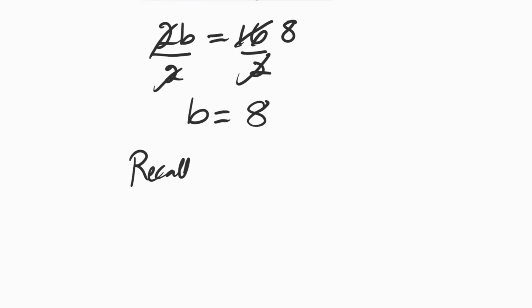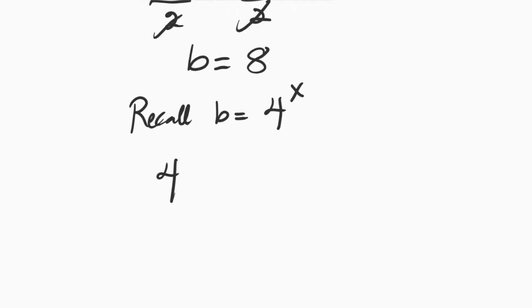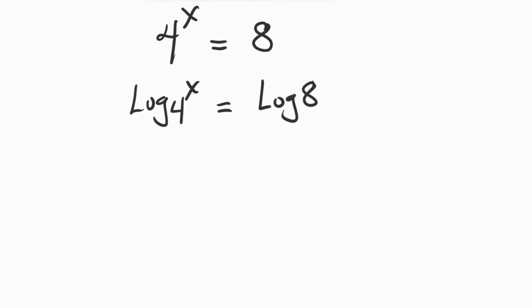Now let us recall that b is equal to 4 raised to the power x. So now we have 4 raised to the power x equals 8. Now, to find x from here, we need to introduce log to both sides of the equation. So now we have log of 4 raised to the power x equals log 8.